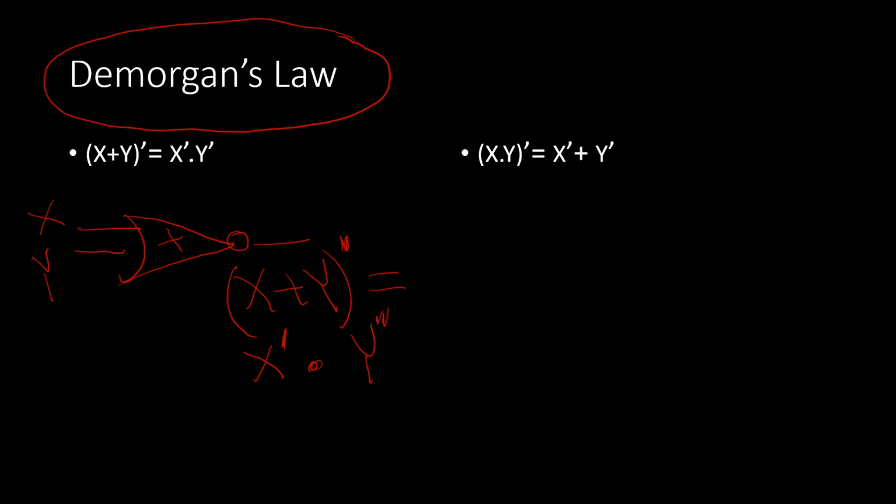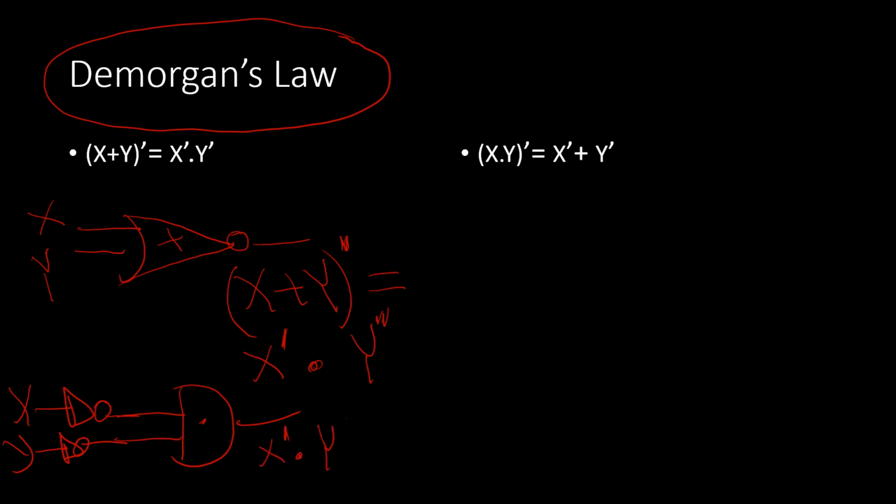So what is happening here? The NOR operation is converted to AND. So be careful. If I have a NOR operation, this is equivalent to AND operation. But what? But my inputs are inverted first. My inputs are inverted, and I will have X complement and Y complement.